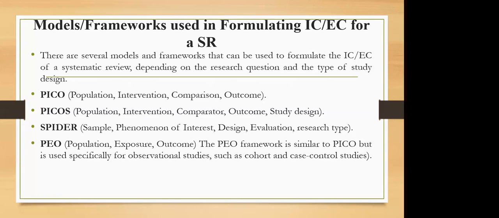From here you could see that there are several models and frameworks that can be used to formulate the inclusion or exclusion criteria of a systematic review. And these models are dependent on the research question. The model that we will use for a quantitative systematic review, note this down, might differ from the model that we use in formulating the inclusion and exclusion criteria for a qualitative systematic review.